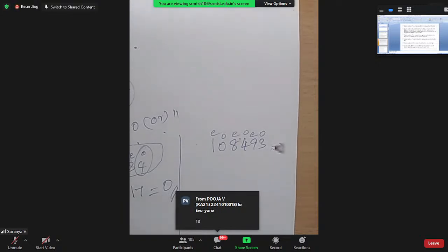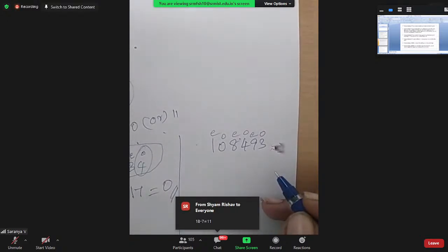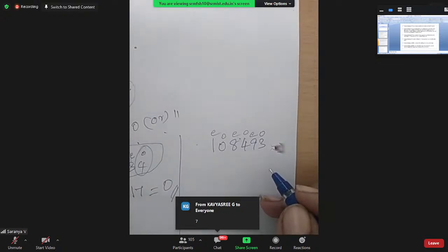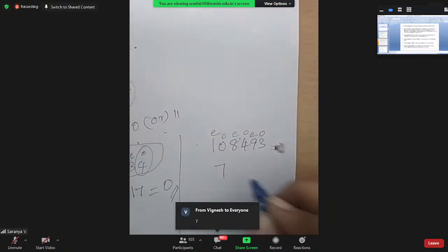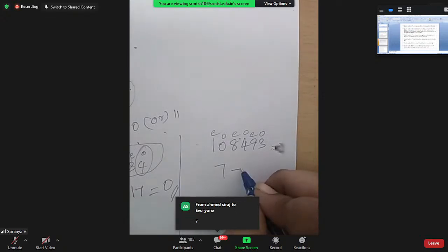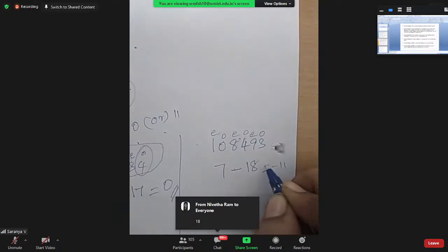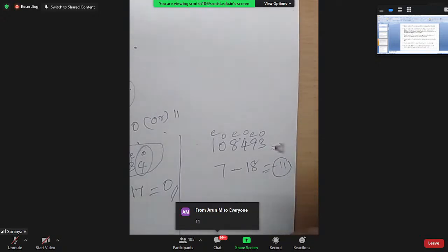Sum of the numbers in the odd places. Odd place, 18. Okay. Even place is 7. Even place is 18. Minus 11. That is not a problem. You'll get some multiple of 11, right?